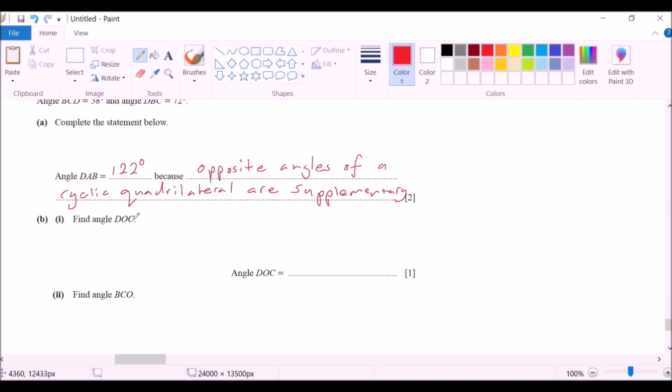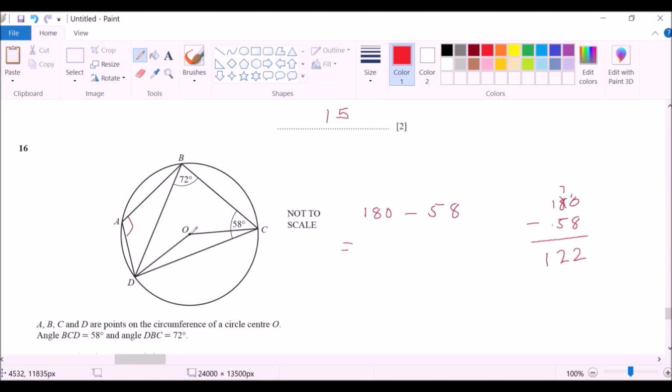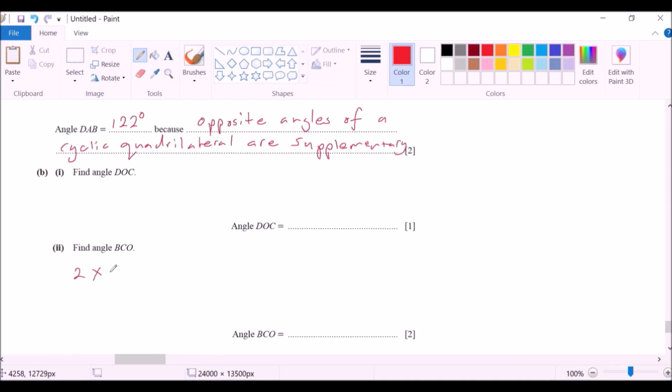Find the angle DOC. Angle at the center is twice the angle at the circumference. So DOC is 2 times 72 degrees, which is 2 times 2, 4, 7 times 2, 14, which is 144 degrees.